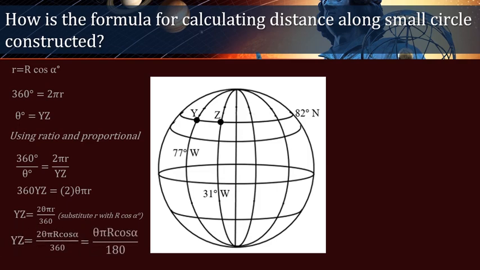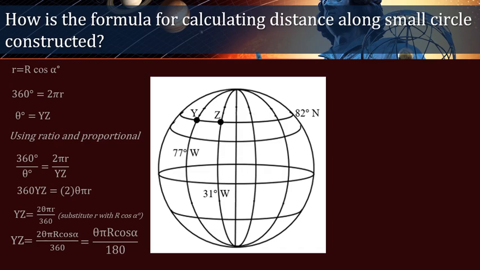And it will simplify to theta pi R cos alpha over 180. Basically, that is how that formula I gave you at the beginning is constructed. So, do not memorize formulas, but know how they are derived.